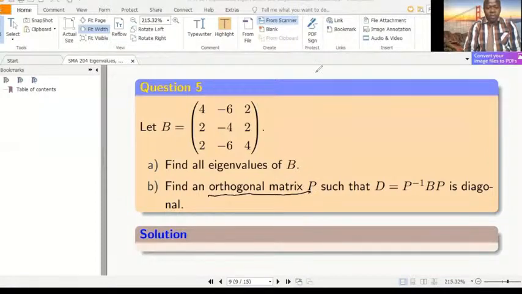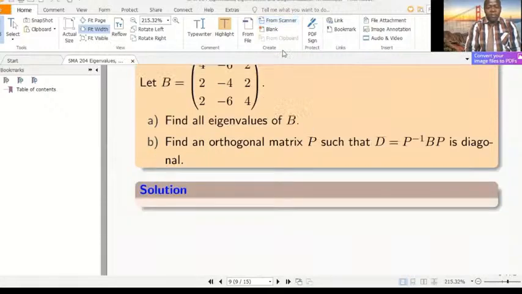Now let's go straight to the solution. I'll avoid much detail because you already know the details. First of all, we need to get the characteristic polynomial.